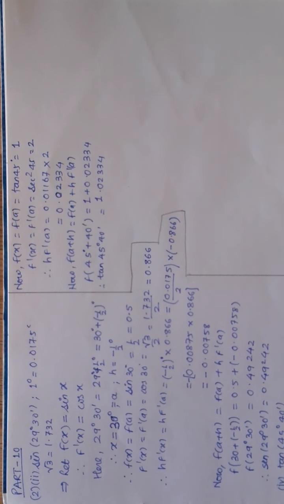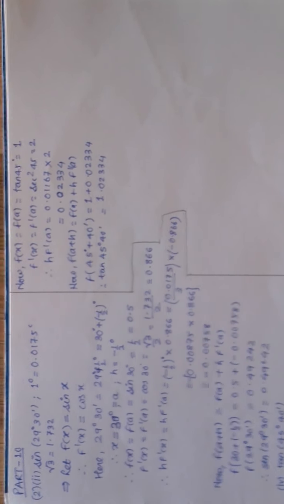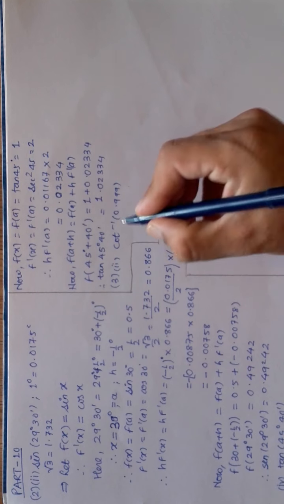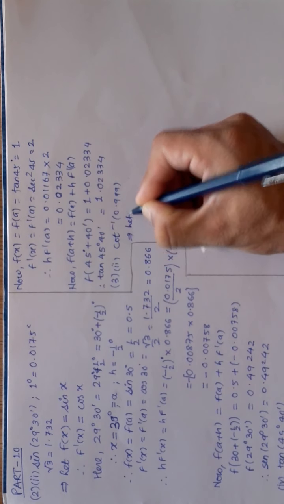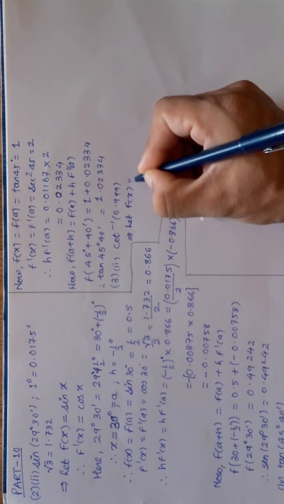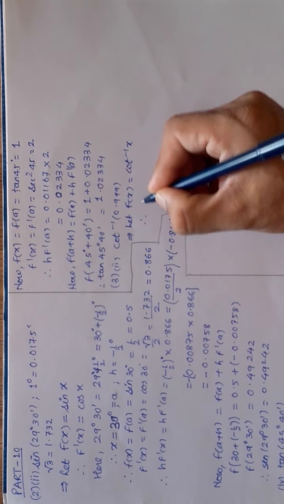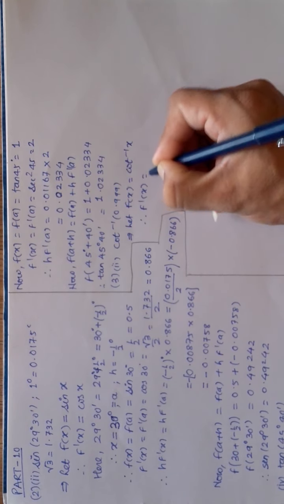Very simple. We'll do questions in this way only, so that the ideas become very clear. Now we are going to do cot inverse 0.999. Let me define it first. Let function of x be defined as cot inverse x. Once it is defined, you require the derivative of x.